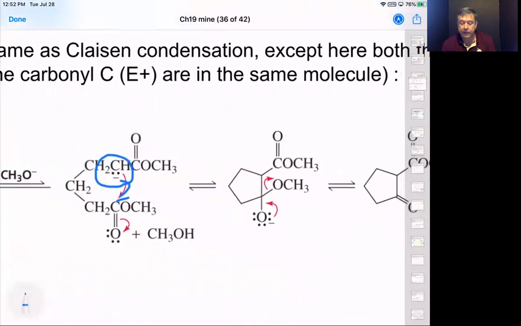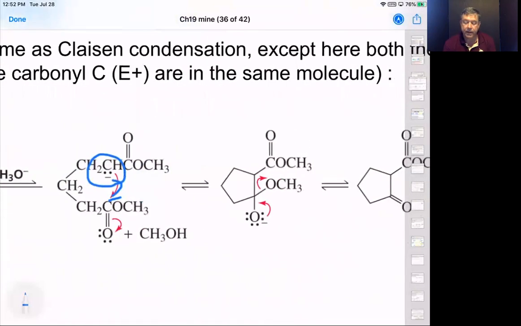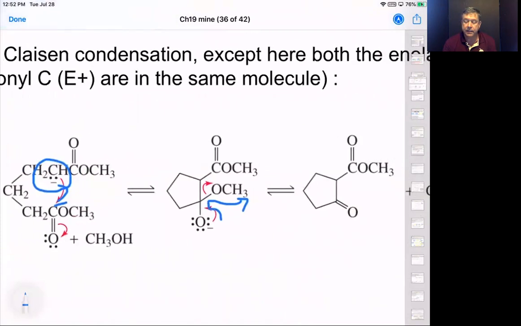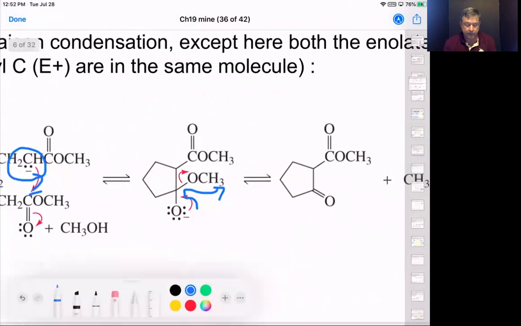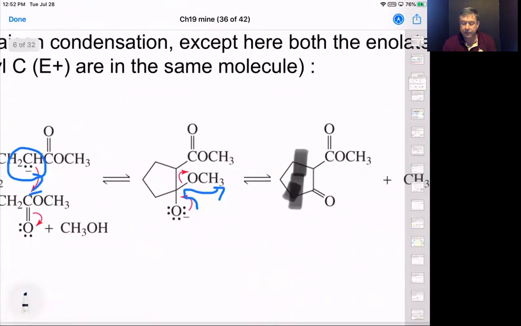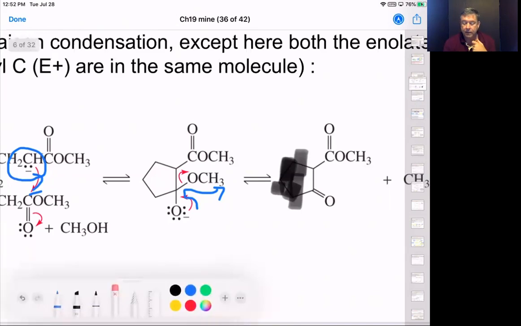Our tetrahedral intermediate now has the chance to have its electrons kick in and then kick out that methoxide as that small molecule. And notice that the structure is exactly the same. Let me just cover up this side over here temporarily. See how we still have that beta keto ester? The only difference is we've reacted on the other side of the molecule to make a ring.